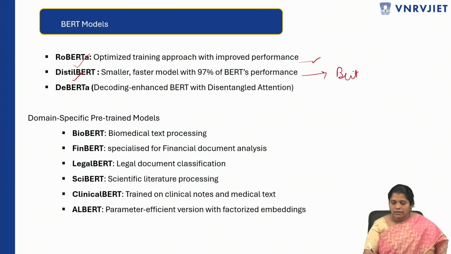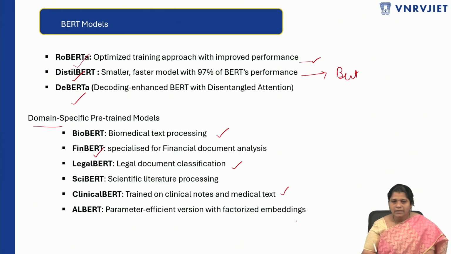Based on disentangled attention, we have the decoding-enhanced BERT model, DeBERTa. For domain-specific models, we have BioBERT for biomedical text, FinBERT for finance applications, LegalBERT for legal documents, and ClinicalBERT for doctor notes and medical tests.